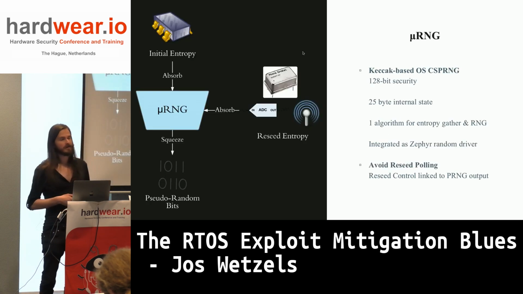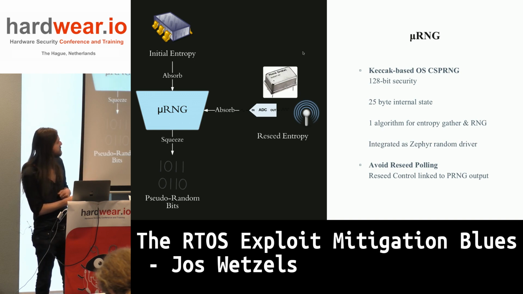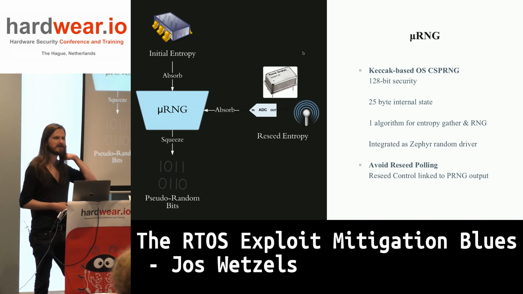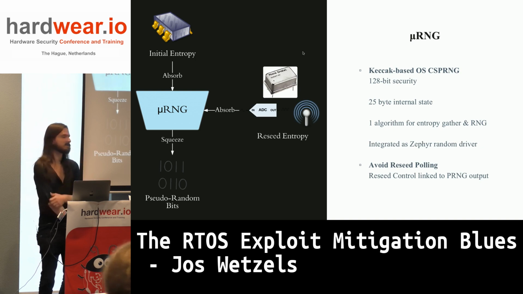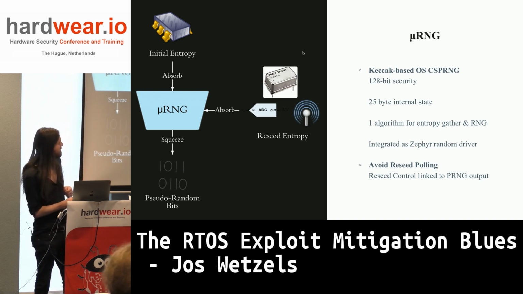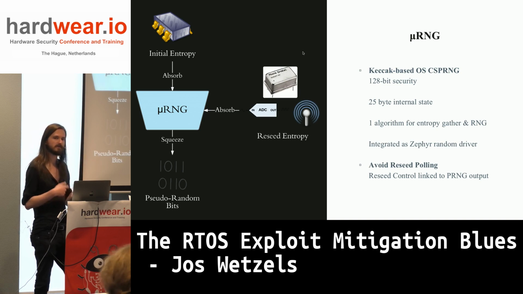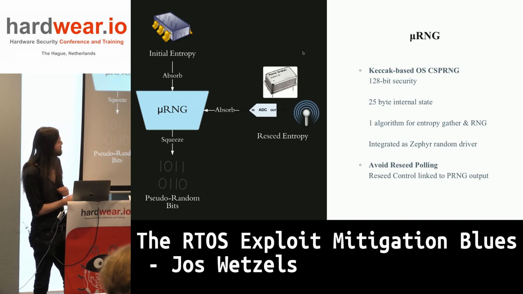Then there's the final component, which is micro RNG. That's a Keccak-based operating system secure random number generator. How many of you are familiar with Keccak? Oh, that's good. Keccak forms the core of, for example, the SHA-3 hashing function. It offers 128 bits of security and uses a very small 25-byte internal state.